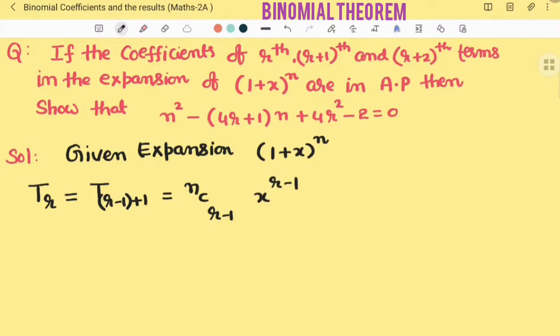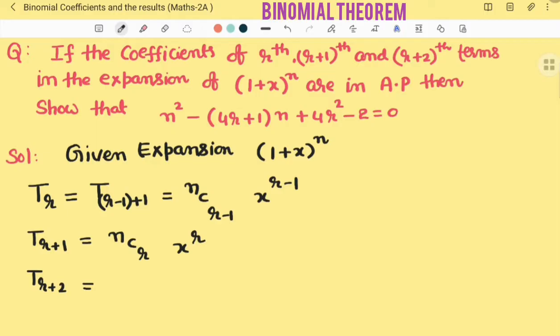This is the rth term. Similarly, t(r plus 1) is nCr, and in place of r only, nCr, 1 power n minus r, 1 power anything is 1 only, x power r. So what about t(r plus 2)?